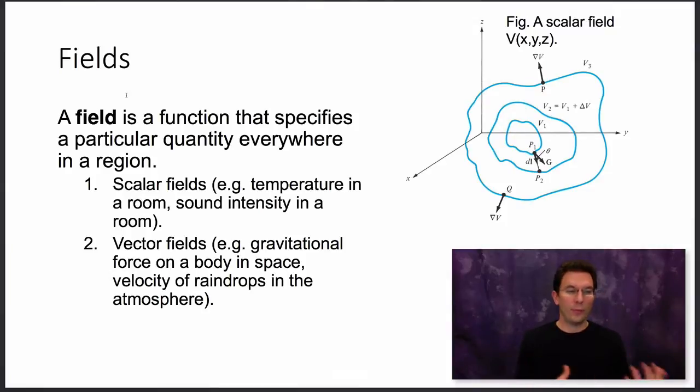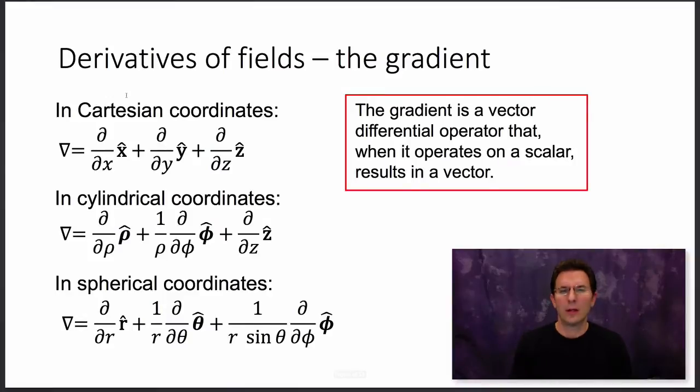So we're going to be seeing and using both scalar fields and vector fields in this course. Now, the electric field is a vector field and the magnetic field is a vector field, but oftentimes we're going to be able to simplify things such that we can get the electric field or the magnetic field from a scalar field, and we'll see that later in electrostatics.